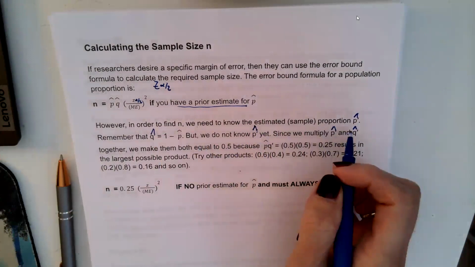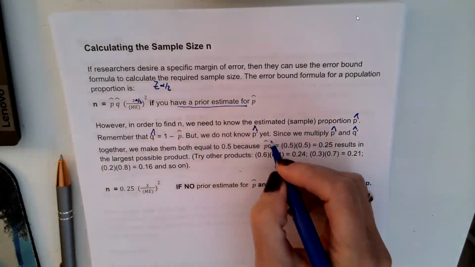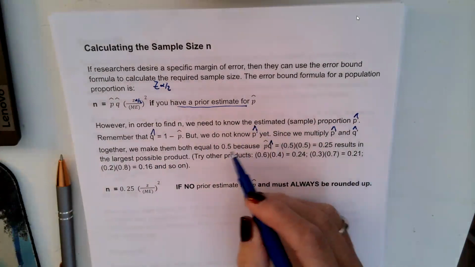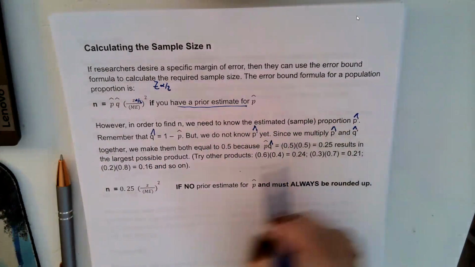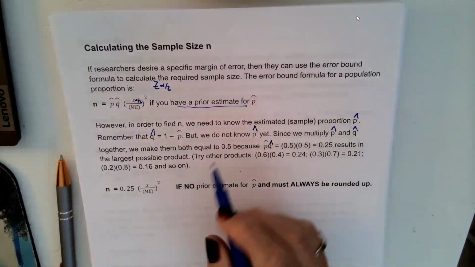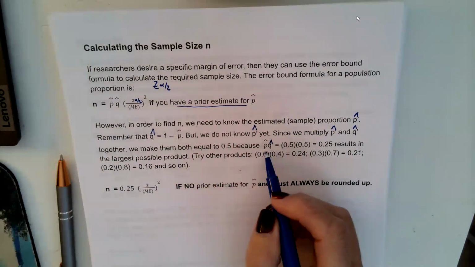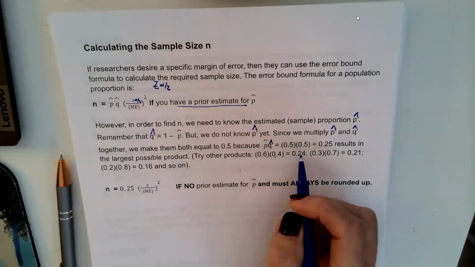Remember that q hat is equal to 1 minus p hat, but we do not know p hat yet. Since we multiply p hat and q hat together, we can make them both equal 0.5. And so in that case, p hat times q hat equal to 0.5 times 0.5 is 0.25, would result in the very largest possible n, because if you made p hat up to 0.6, then q hat goes down to 0.4 and you get 0.24.